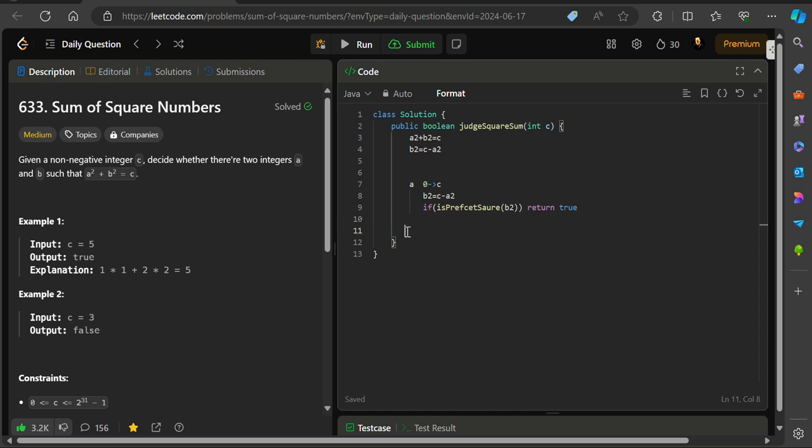So the time complexity of this approach would be order of c, because we are looping from 0 to c, times log of this number, b square. This will be better than the c square approach.